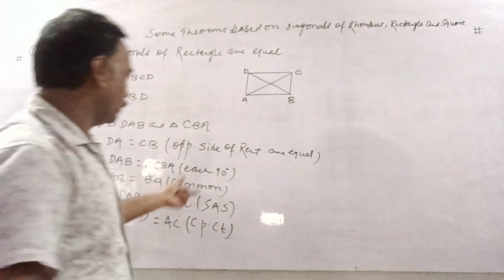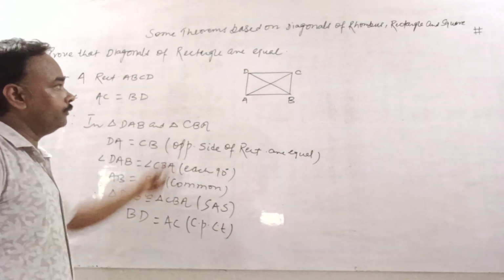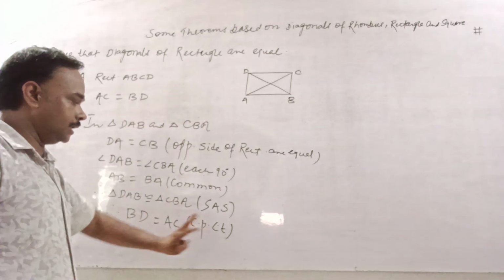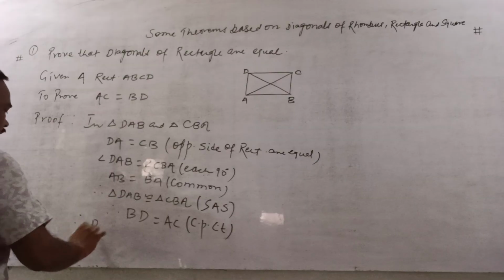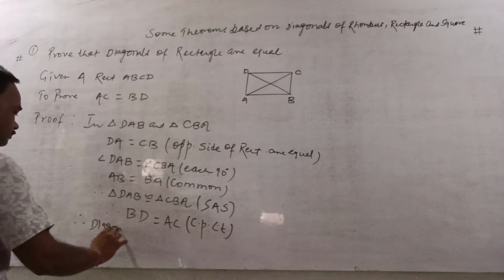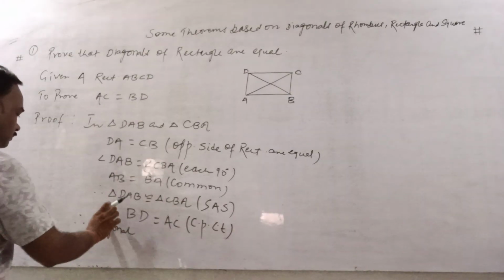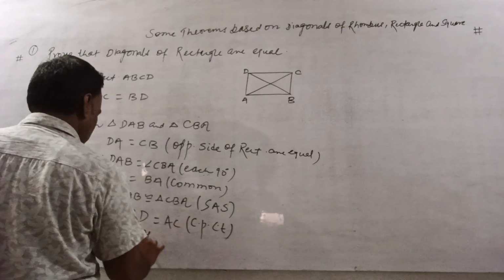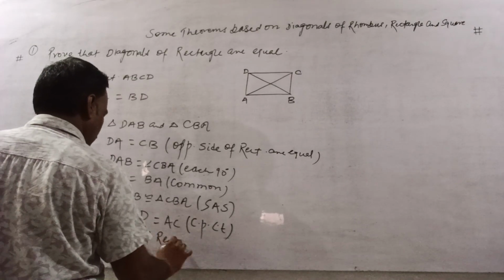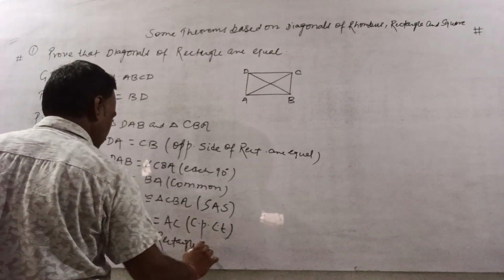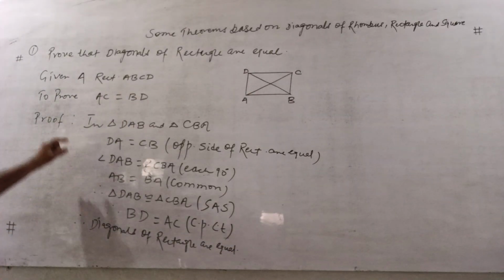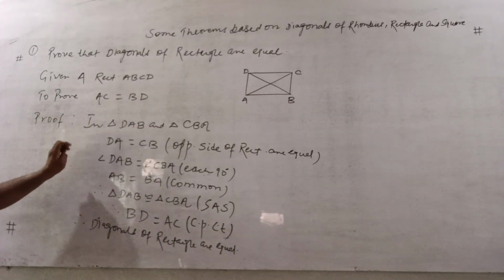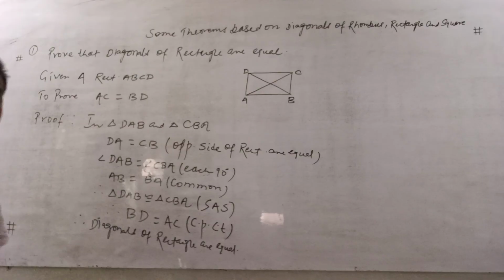And if both triangles are congruent by SAS, then we have BD is equal to AC, CPCT, corresponding parts of congruent triangles. Therefore, diagonals of a rectangle are equal. In this way we can prove that diagonals of rectangles are equal. Clear?